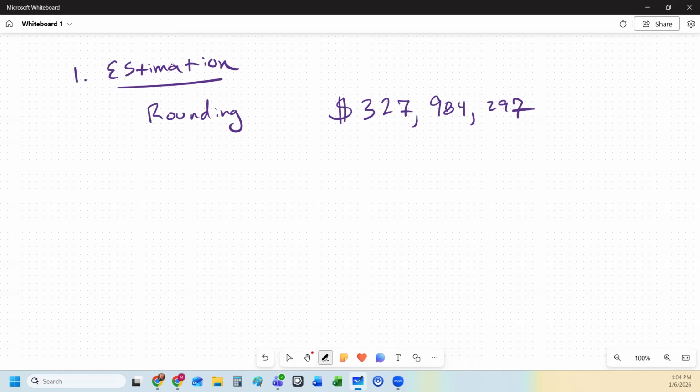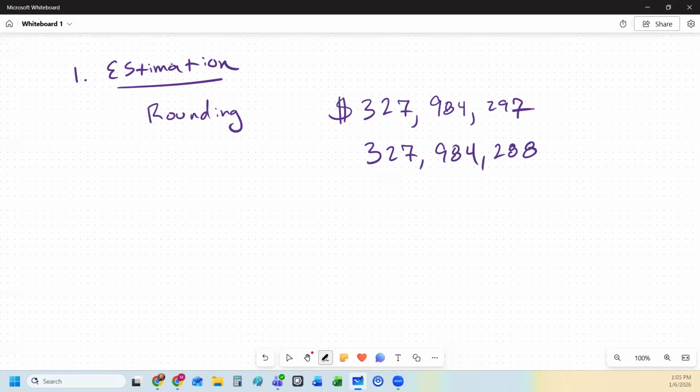If I put another dollar in my bank account and I have this sitting there, does it really matter? Does the difference between this number and this number make a huge difference, right? And I would say no, probably not.